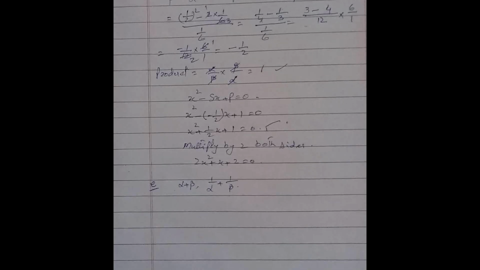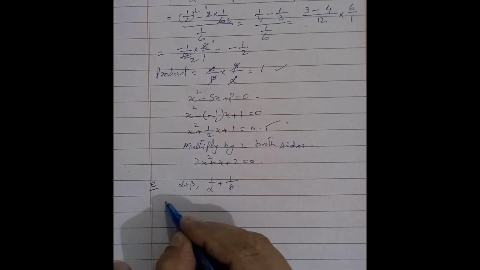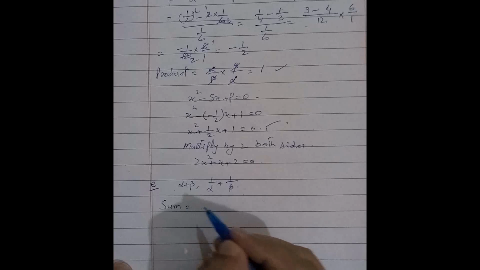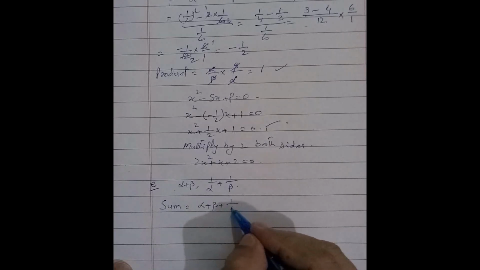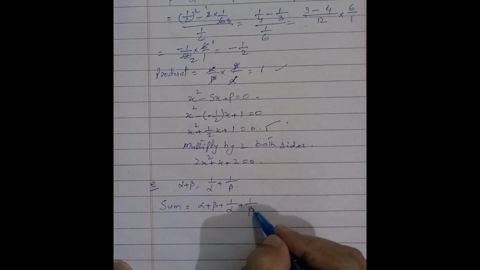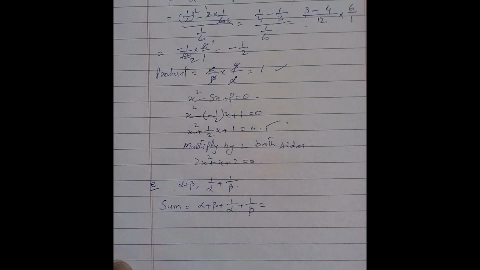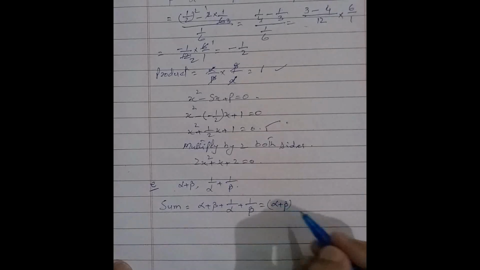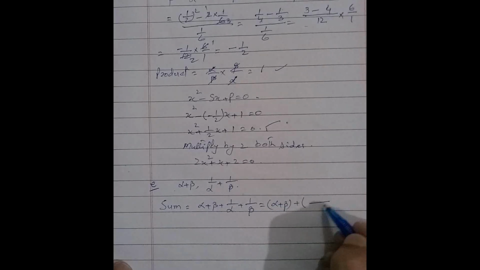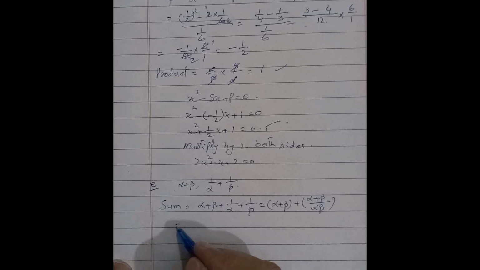First we find the sum of the roots, which are alpha plus beta plus 1 over alpha plus 1 over beta. Simplify it, alpha plus beta plus, take LCM alpha beta, alpha plus beta. Now we put the values of alpha plus beta and alpha beta in this equation.